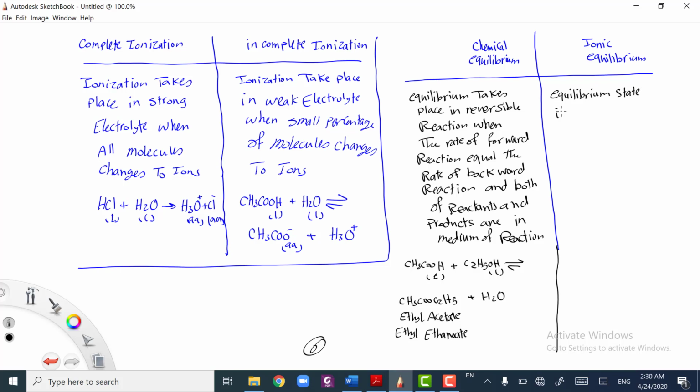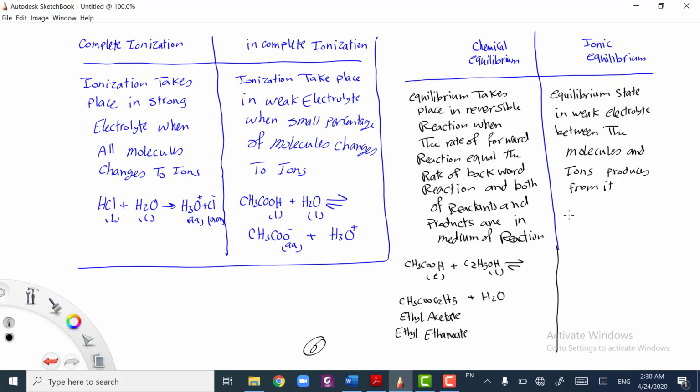But the ionic equilibrium is an equilibrium state in weak electrolyte between the molecules and ions produced from it.